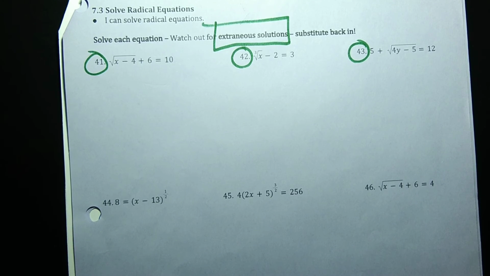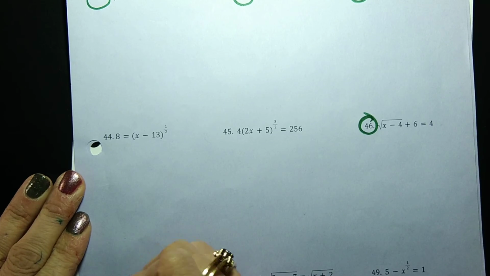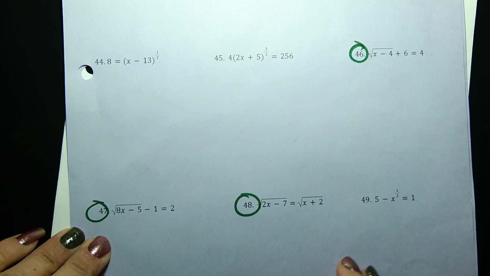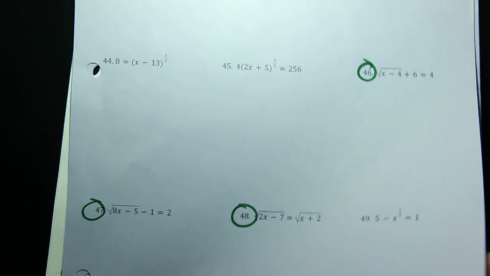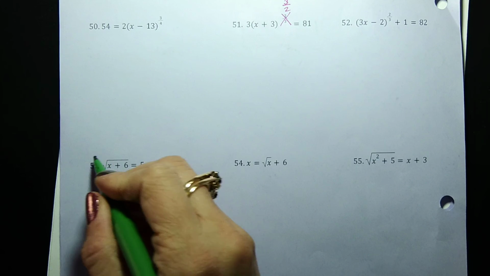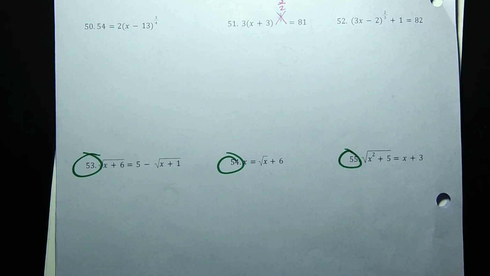So 41, 42, 43 you can do. 46, 47, and 48. So pretty much any that have the square roots with them. And then on the back, the bottom row, 53, 54, and 55.